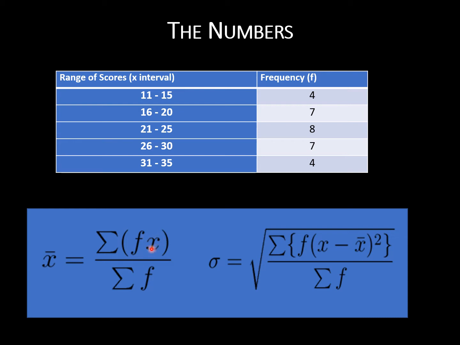The x here is actually going to be the midpoint in the intervals. You will see the intervals maybe from 10 to 15, 15 to 20, 20 to 25, 25 to 30, etc. But we'll show it this way.